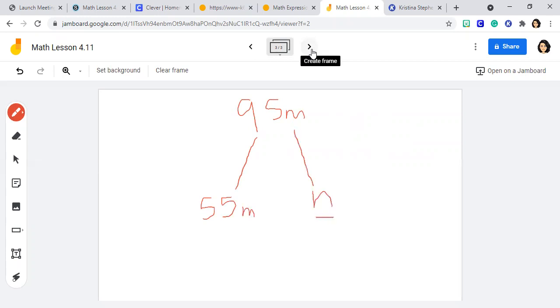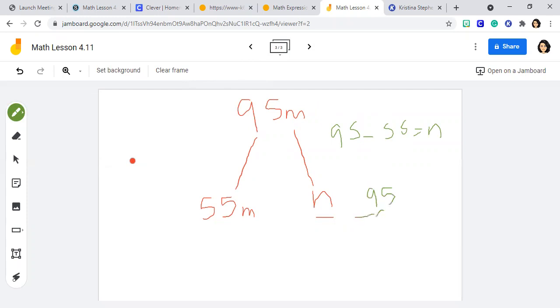But we don't know what that other value is. Students in my class would recognize that this is a math mountain. And since we have one of the addends down here unknown, this would be a subtraction problem. Now, while you're not required to write the equation, I am going to use it here. This equation would look like 95 minus 55 equals that number. And to find that answer, I'm going to stack them up on top of each other.